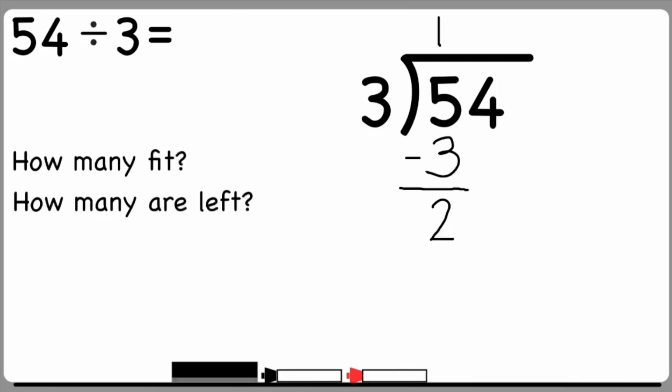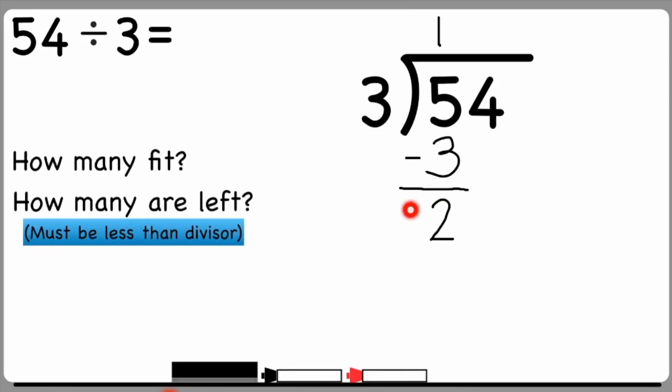Now this time I do have some left. The most important thing here is that the number left needs to be less than my divisor. If it's not, I could have taken more. I could have taken another group. But in this case, 2 is less than 3, so I picked the correct number for up here in my quotient.